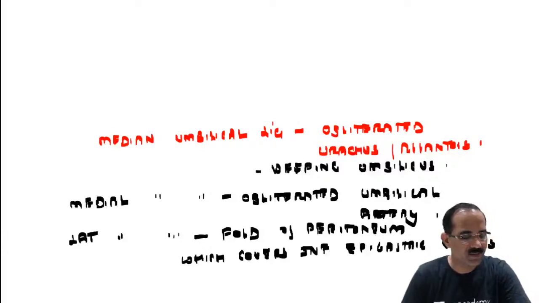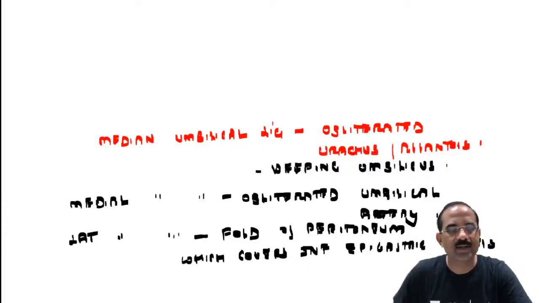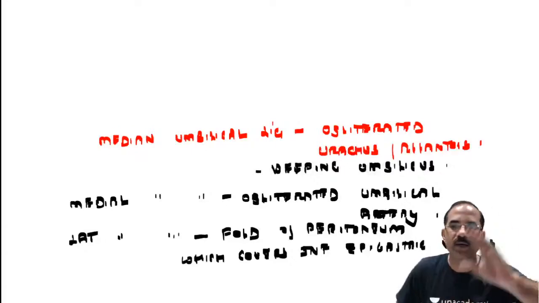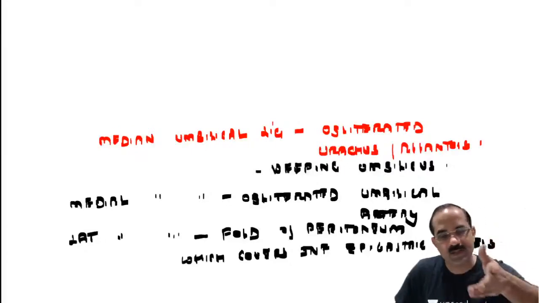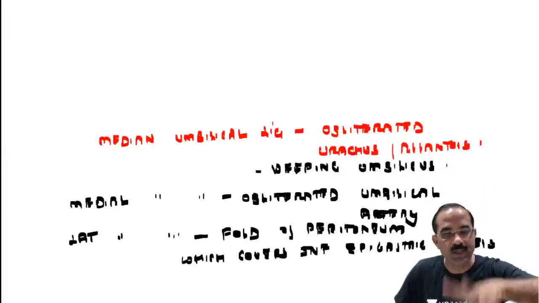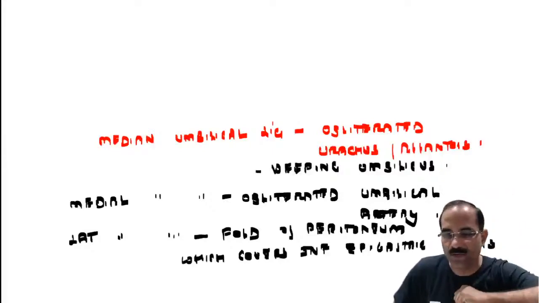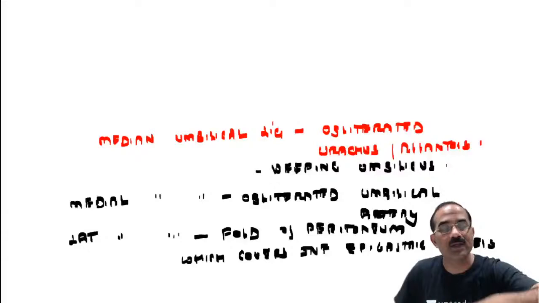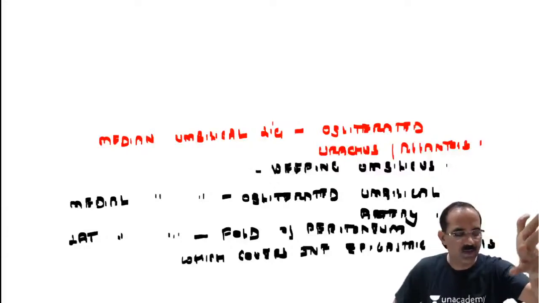I'll tell you. It is the vitellointestinal duct. The midgut communicates with the umbilicus through the vitellointestinal duct.